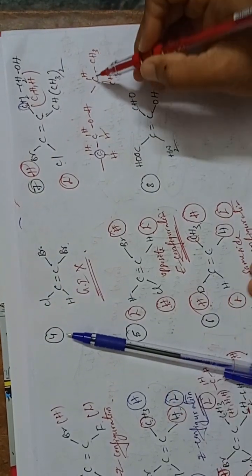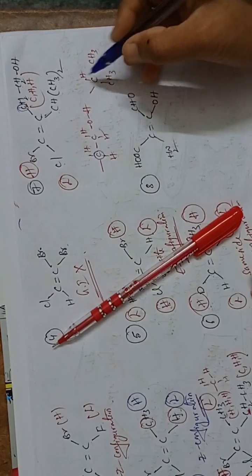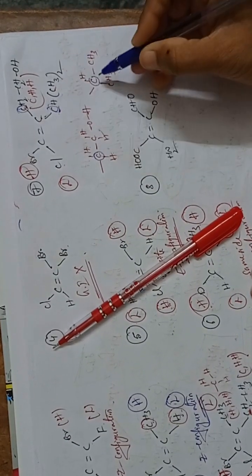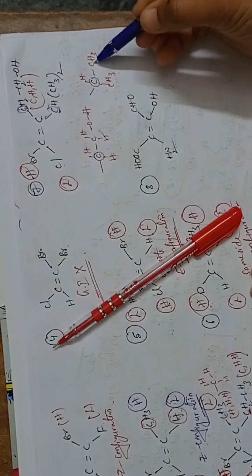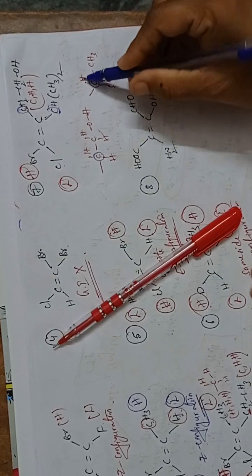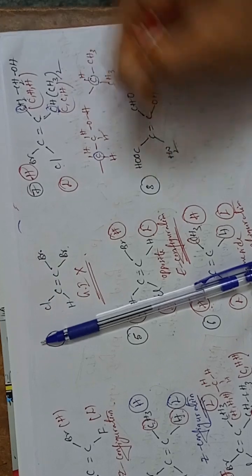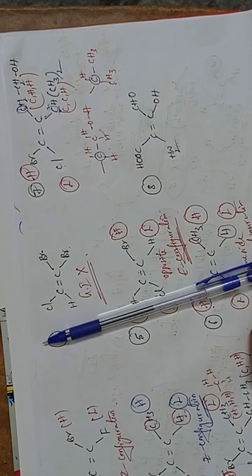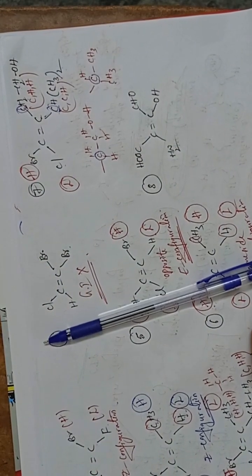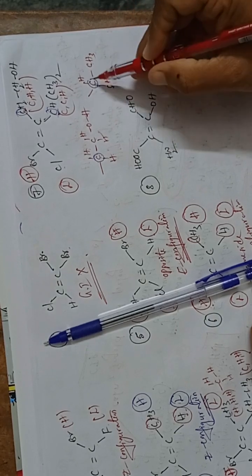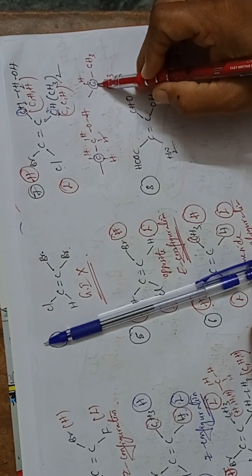Now tell me, this carbon is attached to which atoms? Carbon, carbon, hydrogen. Clear? Carbon, carbon, hydrogen. This carbon is attached to this carbon, and hydrogen is attached to carbon.